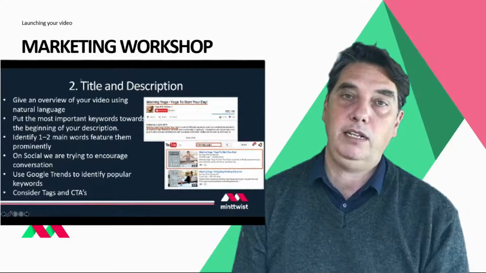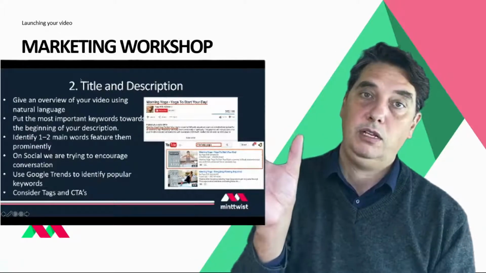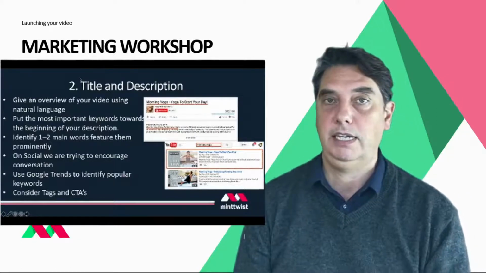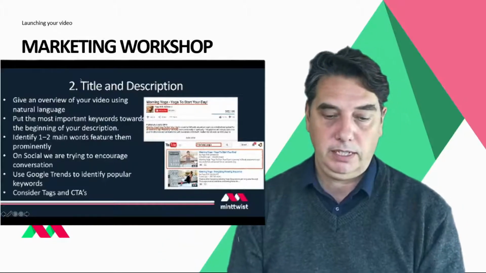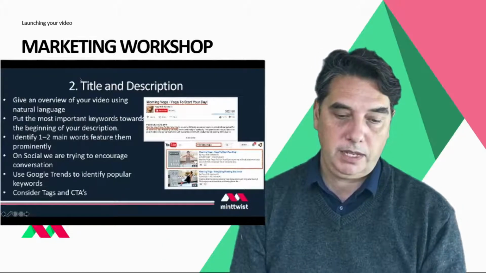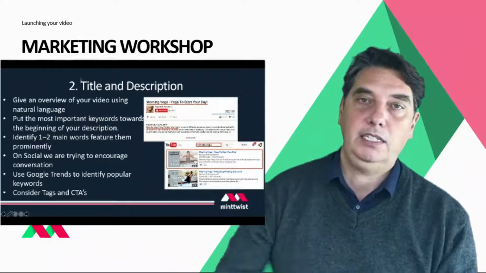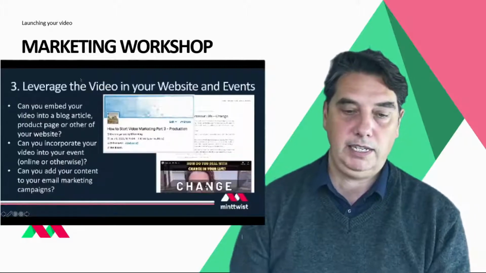And so if we can help that to happen by potentially making the title itself pose a question of some kind, then we're more likely to encourage engagement with that video and engagement with our content in general. So you can consider tags and call to actions as well. These things can often increase engagement.